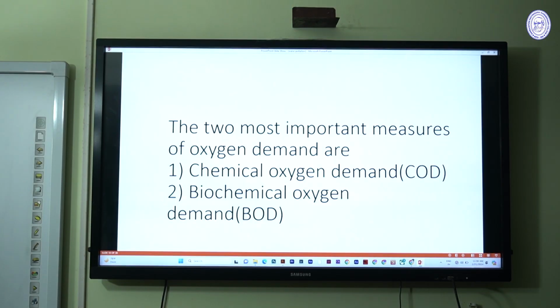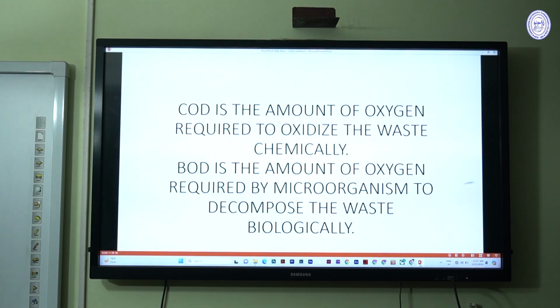The 2 important measures of oxygen demand are chemical oxygen demand and biochemical oxygen demand. Chemical oxygen demand means COD, where the oxygen demand is met chemically, the amount of oxygen required to oxidize the waste chemically, and BOD is the amount of oxygen required by microorganisms to decompose the waste biologically.